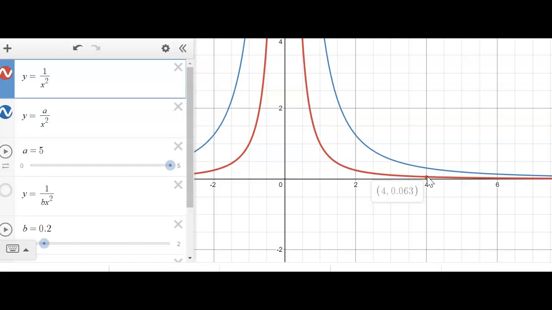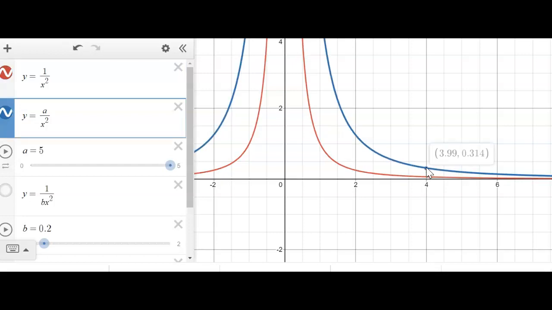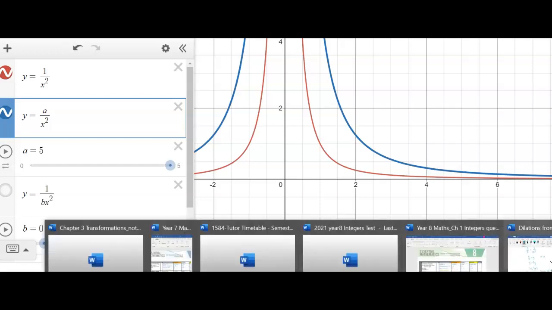What would that be times 5? 0.063 times 5 is about 0.3, maybe just over, and you can see it there, thereabouts. So we've increased it by a factor of 5 from the x-axis.